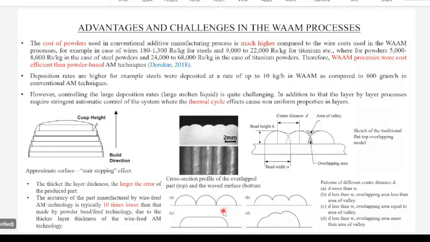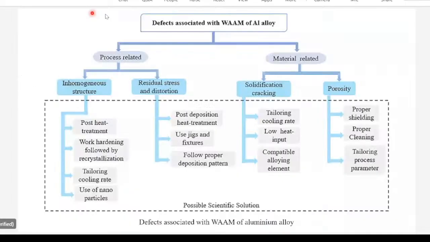Okay, so coming to the next slide, it's the defects associated with VAM. There are two major defect types: process related and material related. Process related are inhomogeneous structure, residual stress and distortion, and material related are solidification cracking and porosity.